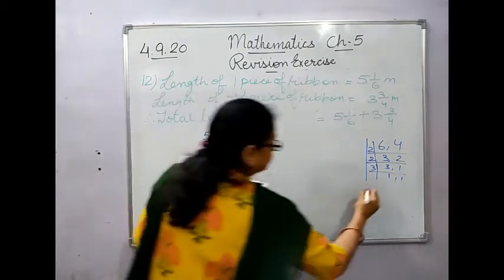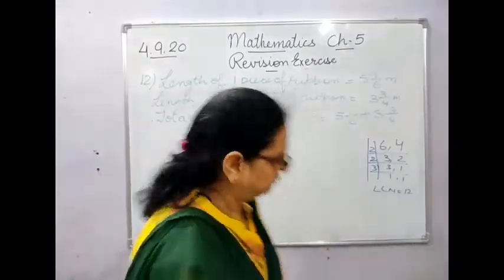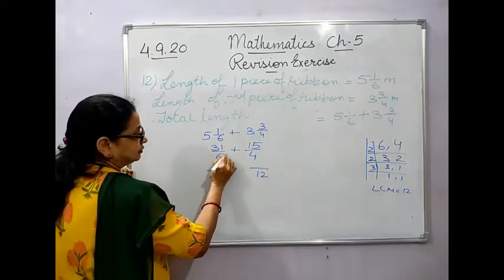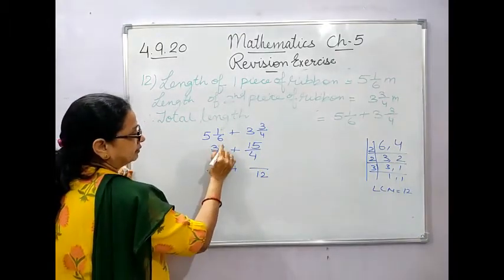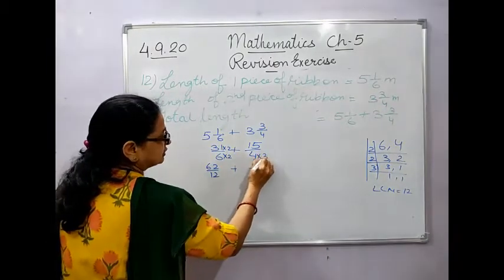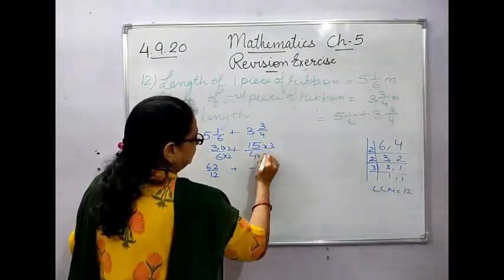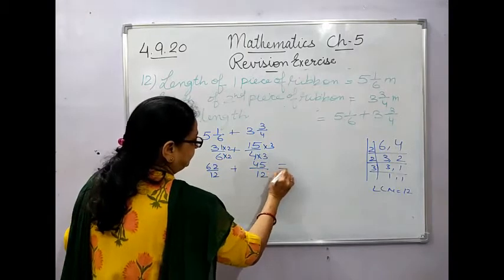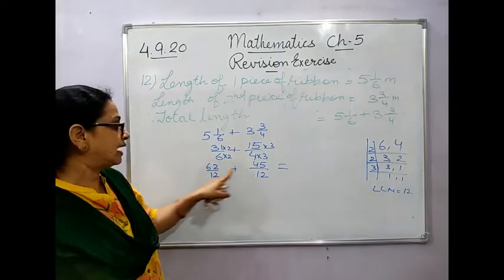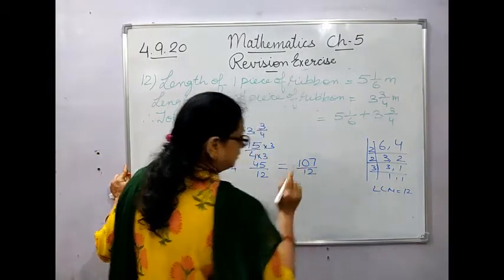So LCM is equal to 12. 6 twos are 12, 2 ones are 2 and 2 threes are 6, 4 threes are 12, and it will be 45. Now the denominators have become the same, so it is easier for you to add them. It will be 107 upon 12.